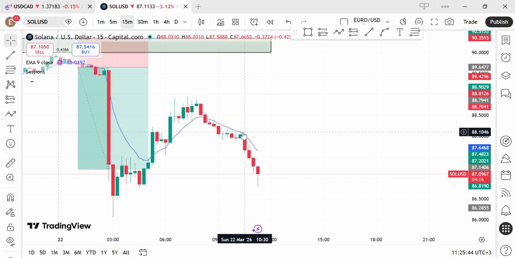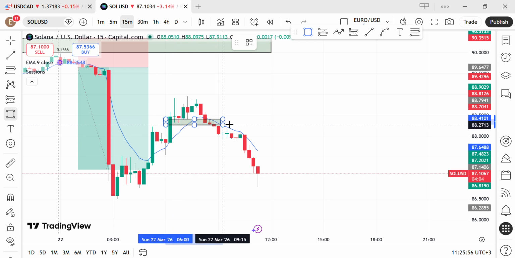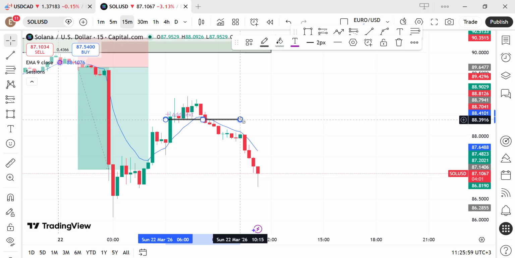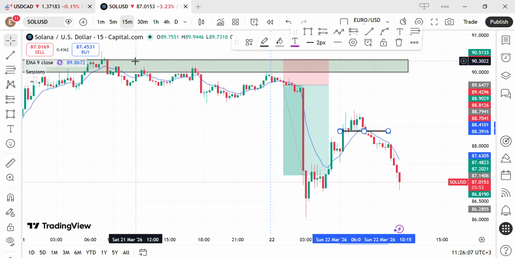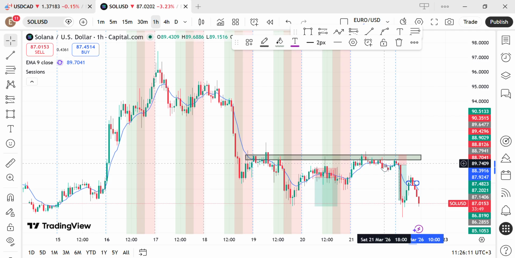So ideally, when you're looking for a change in structure, you have to mark up. If it's an uptrend, you have to mark up the most consistent ones, which are the lower highs. So like you mark up this level. Ideally, you're supposed to mark up this level. When price breaks this level, it sells, comes back, then sells, as it did in this level, as it did here.